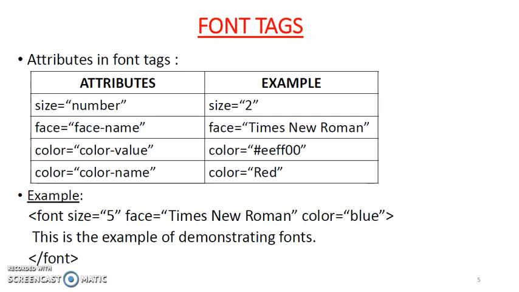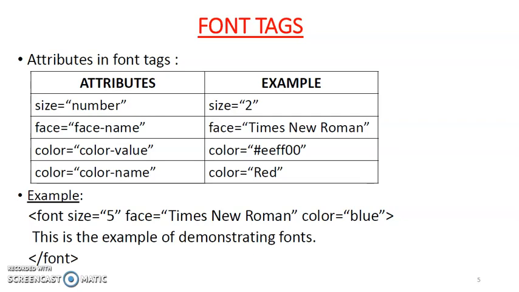So the base font tag is used to set all the text to the same size, color and face. You can see the font tag has three attributes: the size of the font, then the face of the font and the color of the font. Now the font size means what?